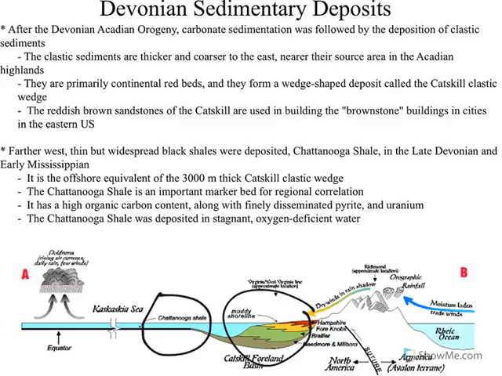It's deposited further west of the clastic wedge material. So it's deposited in this very stagnant, oxygen-deficient water, and that's what gives it that dark color. So remember, anytime I see black in my rocks, it's got a very high organic content. And the only way I can get that organic content that high is if I am in very oxygen-deficient water.